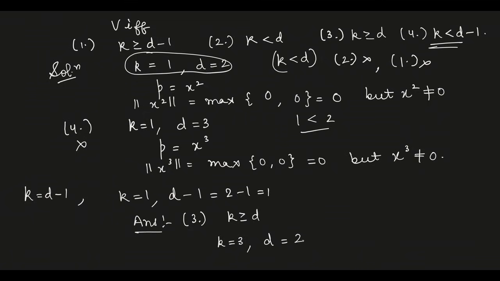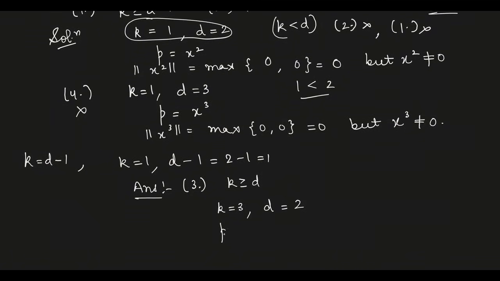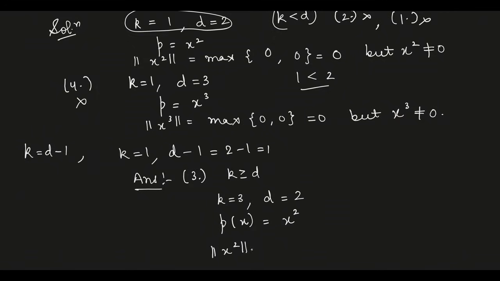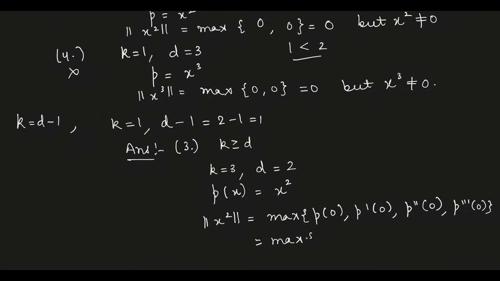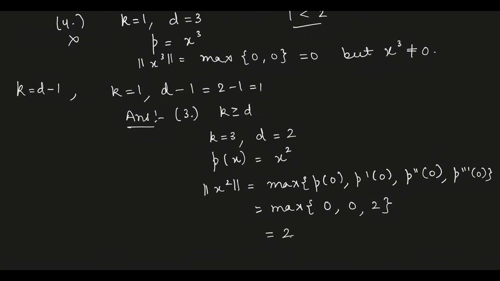In that case norm of x square will be maximum of p0, p dash 0, p double dash 0 and p triple dash 0 ना, so maximum of 0, 0, but p double dash will be 2, so maximum will be 2.